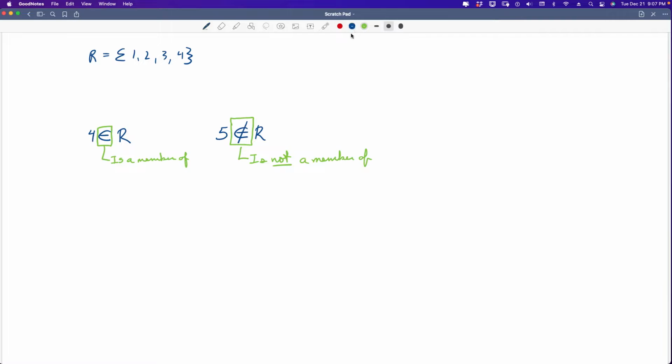What if we have two sets? Let's say we have set B, and within set B, we have two numbers, 2 and 4. We can say that the members of set B are also members of R, but how do we do that? We call this a subset, and a subset is any set of items or numbers that are all contained within another set.